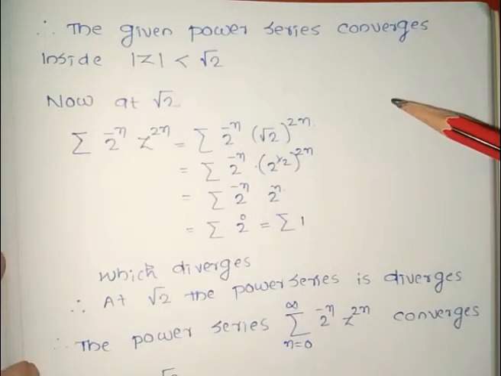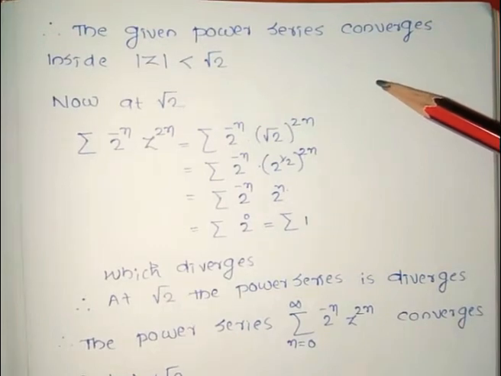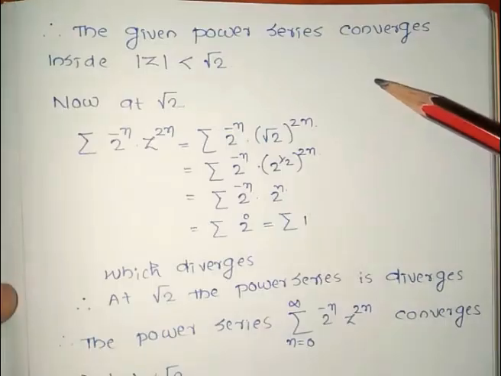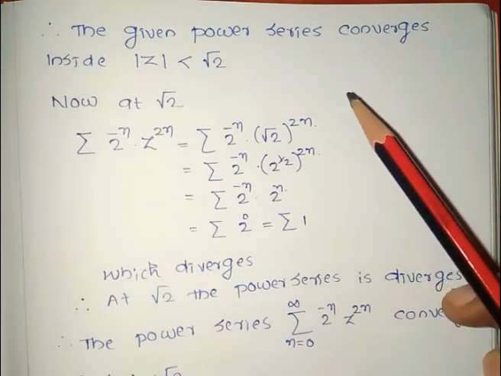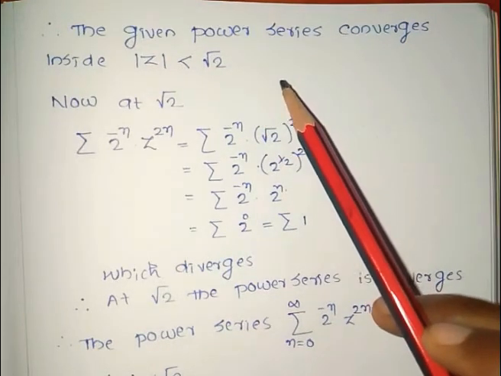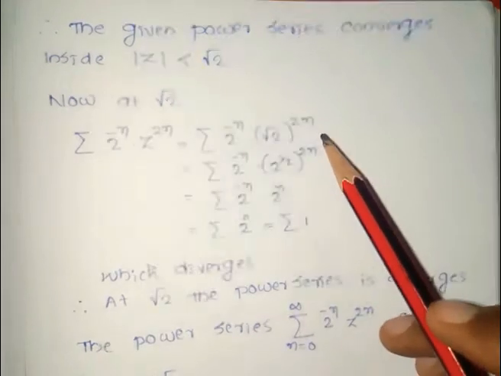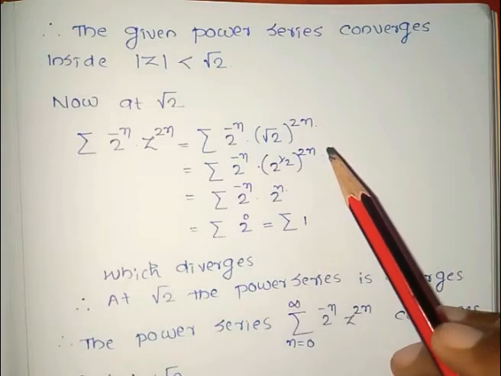That is, we can say the given power series converges inside mod z less than root 2. Now we want to check whether this series converges or diverges at the point root 2.